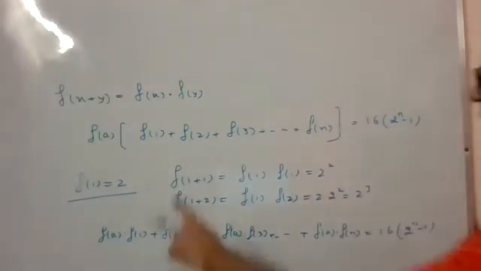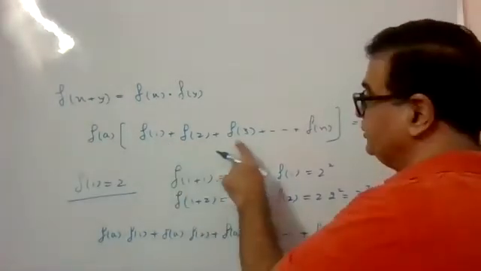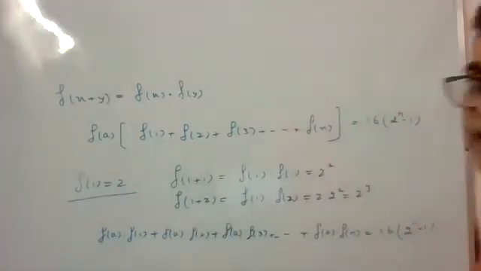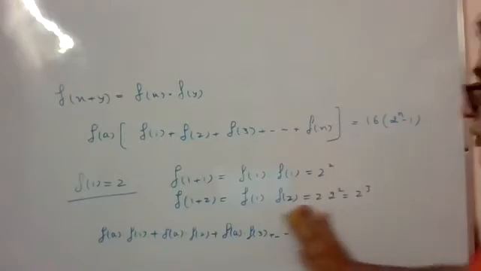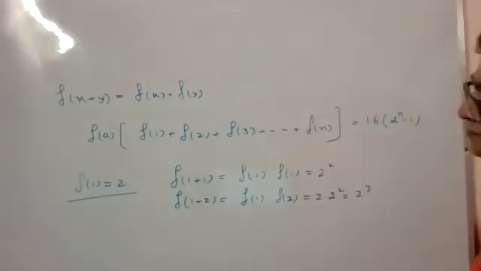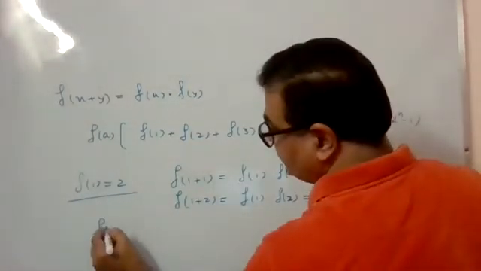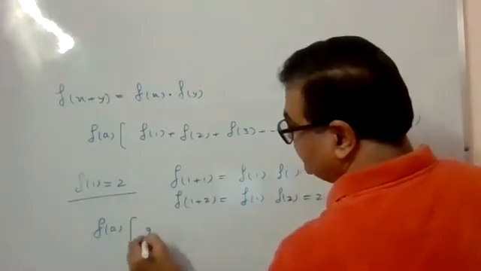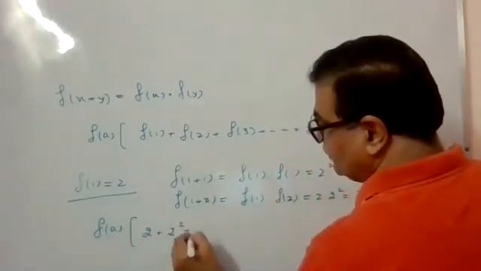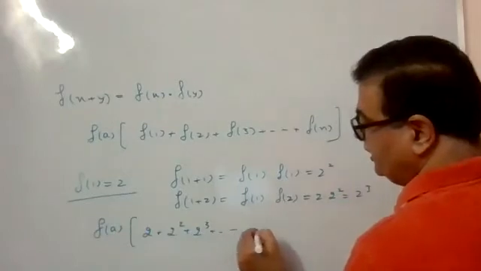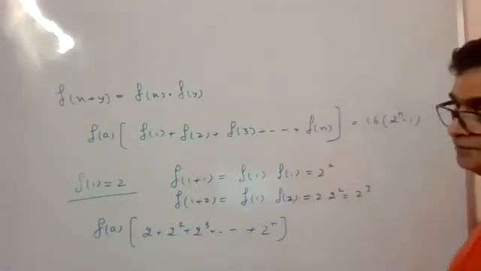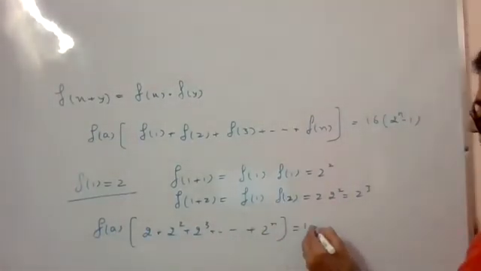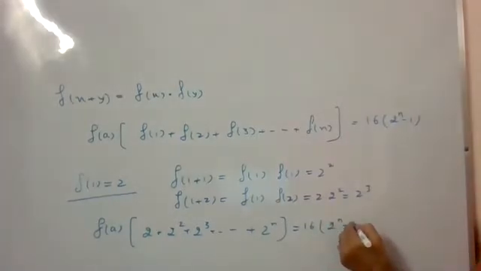That means this is 2, this is 2 squared, this is 2 cube, this is 2 power n. So now we can solve it further. f a is already there. This will come 2, 2 squared, 2 cube till 2 power n. This is 16 into 2 power n minus 1.